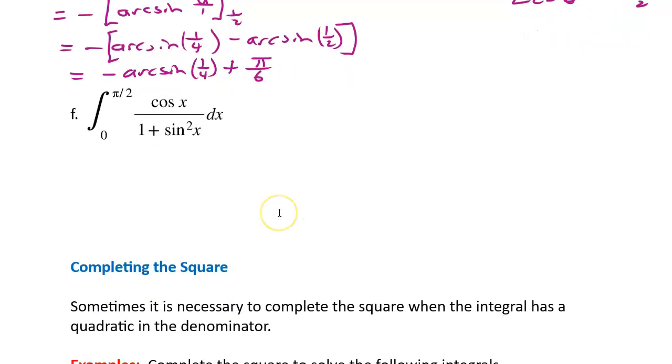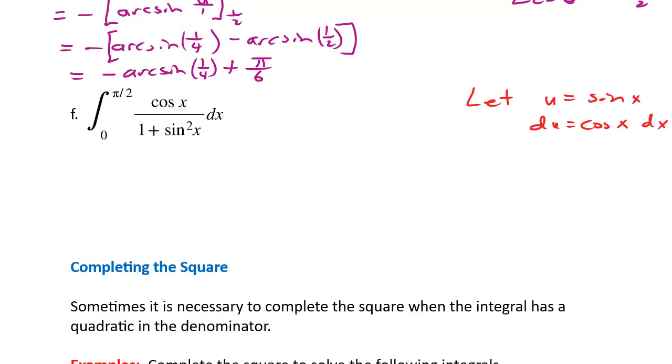All right, let's look at this next one. This one looks a little tricky as well. But we know that if you let u equals sine x, then du is cosine x dx.